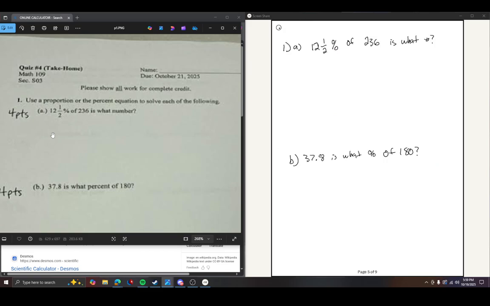So I didn't want to do your homework for you, but that gives you a ballpark. So 12.5%: remember, "of" is converted into multiplication, and "is" equals, and then whatever the thing is asking for is what number.